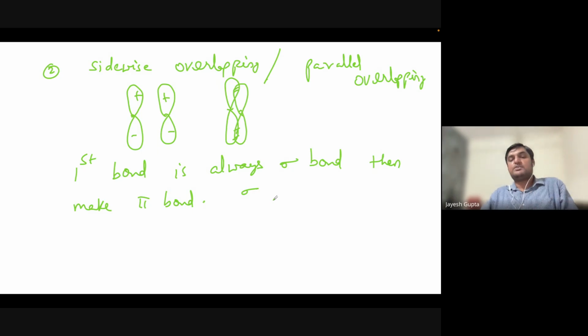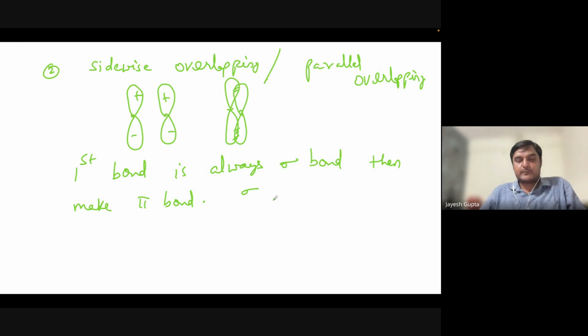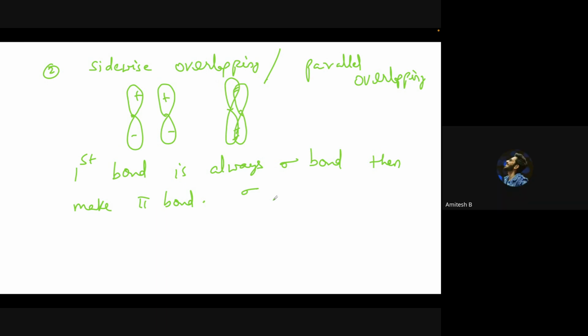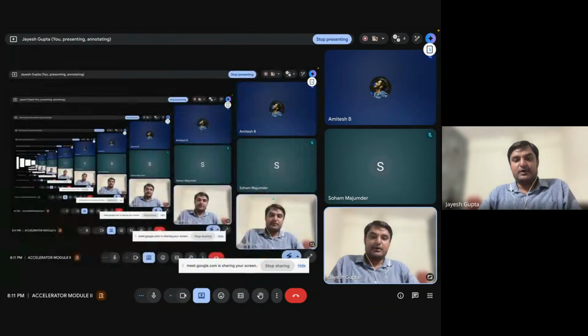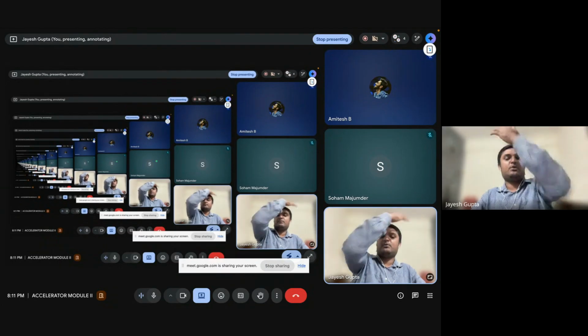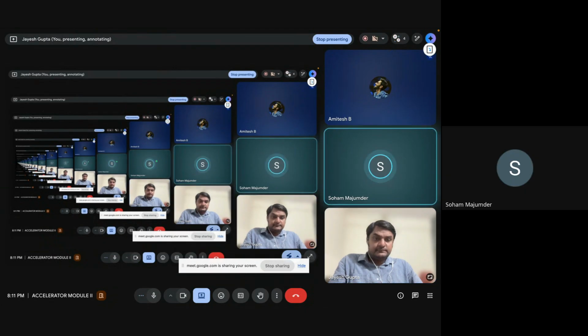Okay, can you tell me out of sigma bond and pi bond, which one will be stronger? So sigma bond. Why? Sir, I don't know. I read somewhere. Tell the logic also, no? Think some point. What point can you think that makes sigma bond stronger than pi bond? Sir, I feel because the extent of overlapping in sigma bond is more than the extent of overlapping in pi bond, so it's stronger.